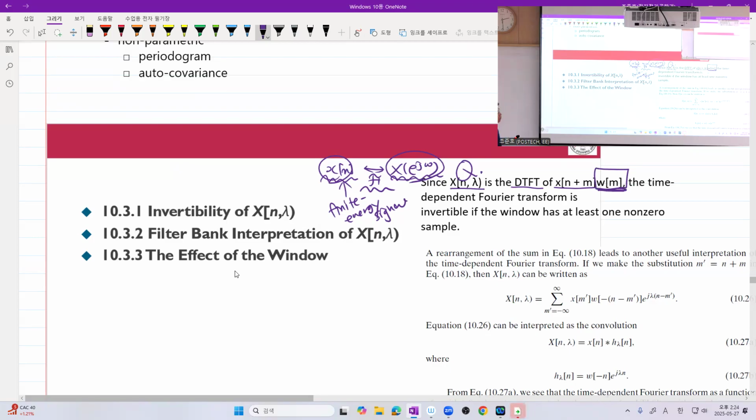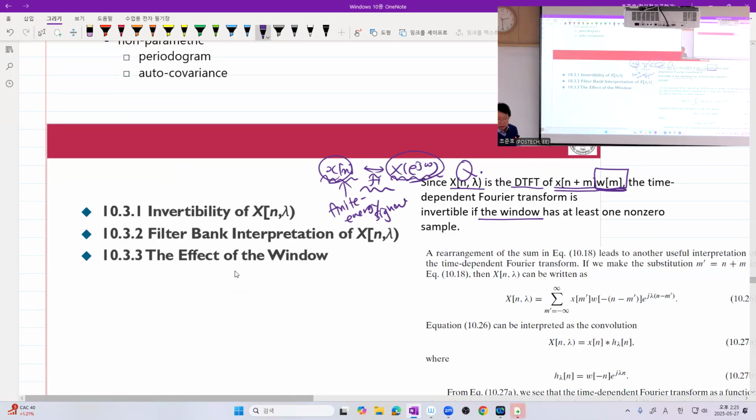If the window function makes us lose some information about the signal, then we are doomed. But if the window is properly chosen, then from the time-dependent Fourier transform, we can fully recover the original X.